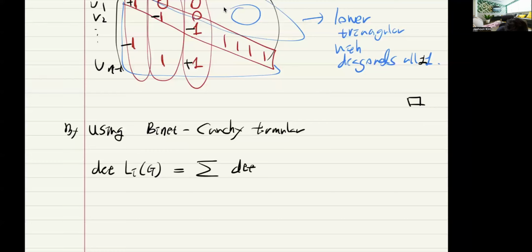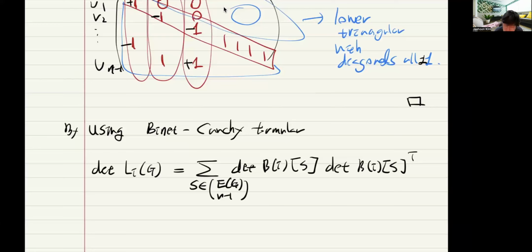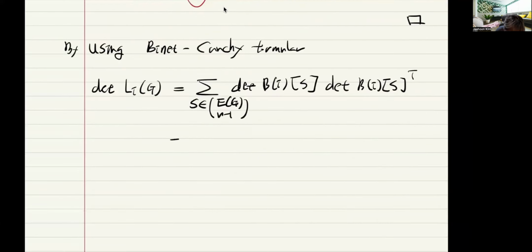We take the determinant of, we choose S, which are the collection of n minus 1 edges, and for that you have B_I[S] and its transpose, and then this determinant and this determinant are the same, so you get the same summation, and then this is determinant squared.